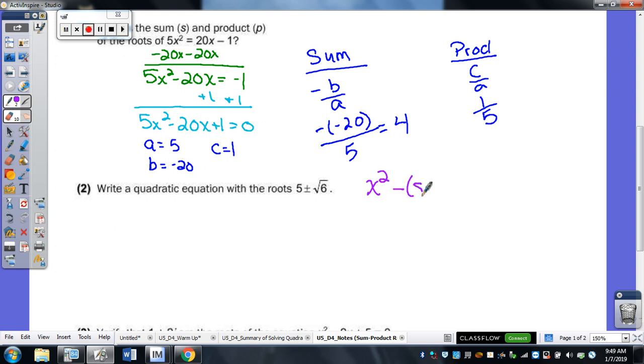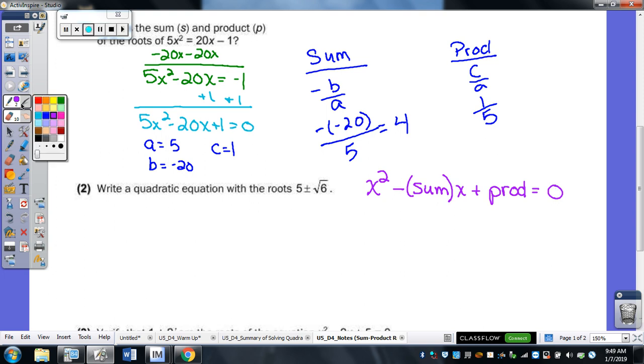And then it's going to be minus the sum of your roots times x. So whatever you get when you add your two roots together, plus the product. And it's going to equal 0 or y. It really doesn't matter what you set it equal to, as long as it's equal to something. And then that's the formula we follow when we're trying to write the quadratic equation.